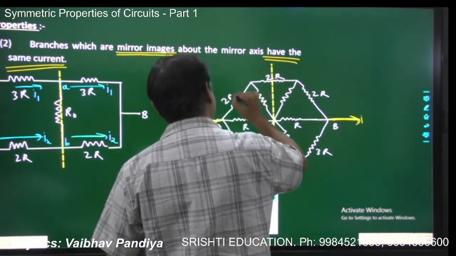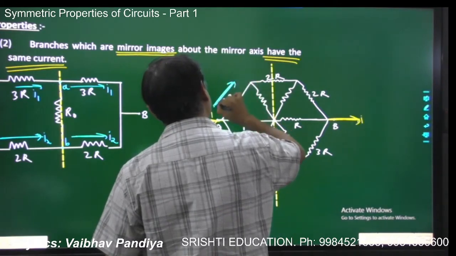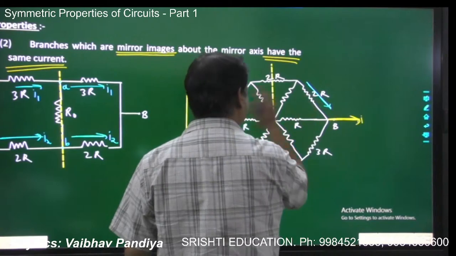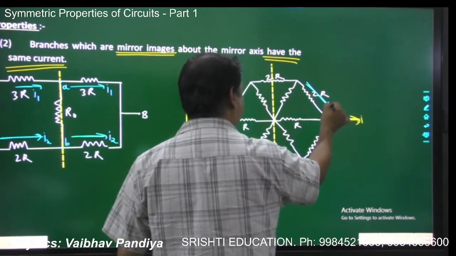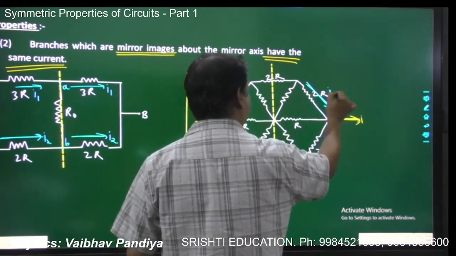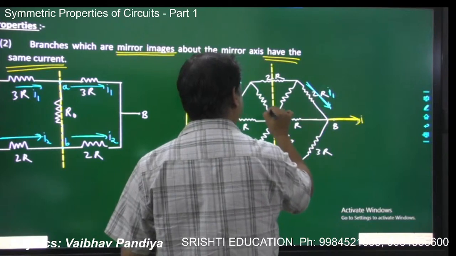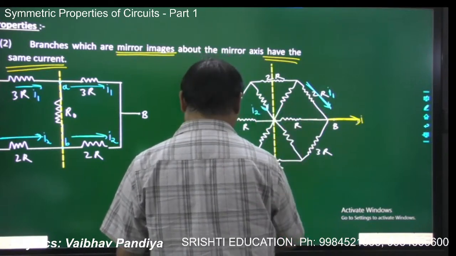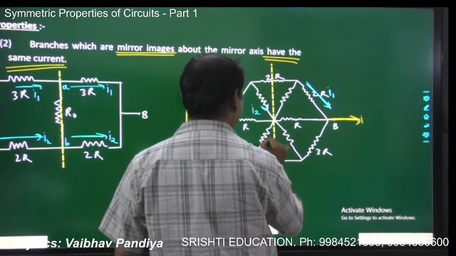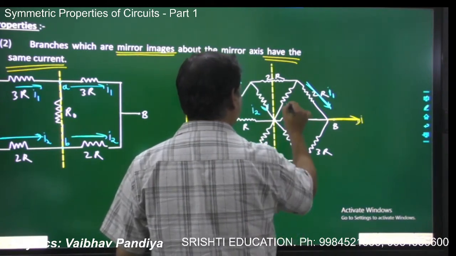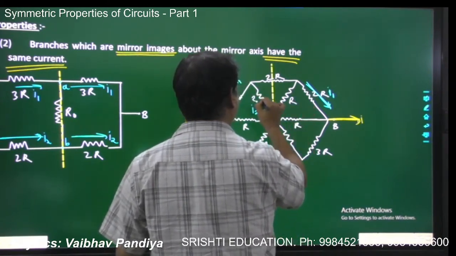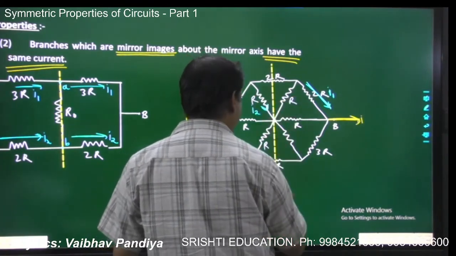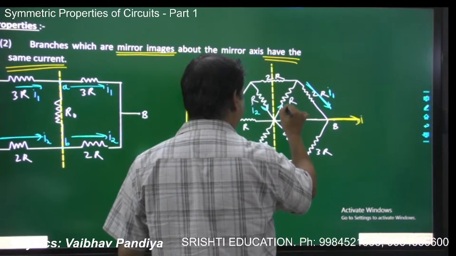So if this branch has a current I1, the corresponding symmetric element of this branch will also have a current I1, correct? If this branch has a current I2, this is R, R, R, so this is the symmetric element of this element, so it will also have a current I2.